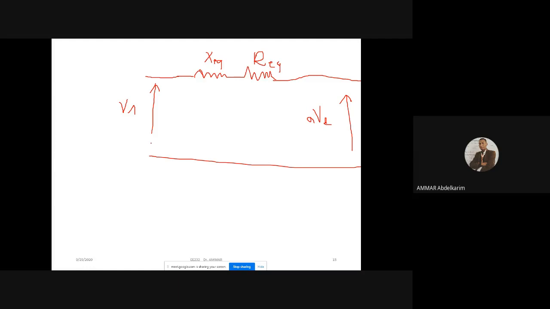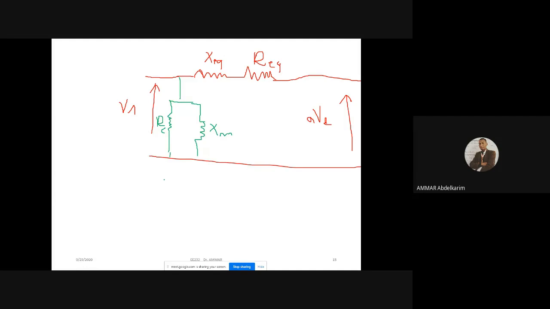Also the parallel branch, of course. Since we have calculated them, we can add them, approximate, no problem. So this is RC, and this is XC, and you will write all the parameters. If you have in the exam, or they ask you to draw the equivalent circuit, you need to write all the parameters here.